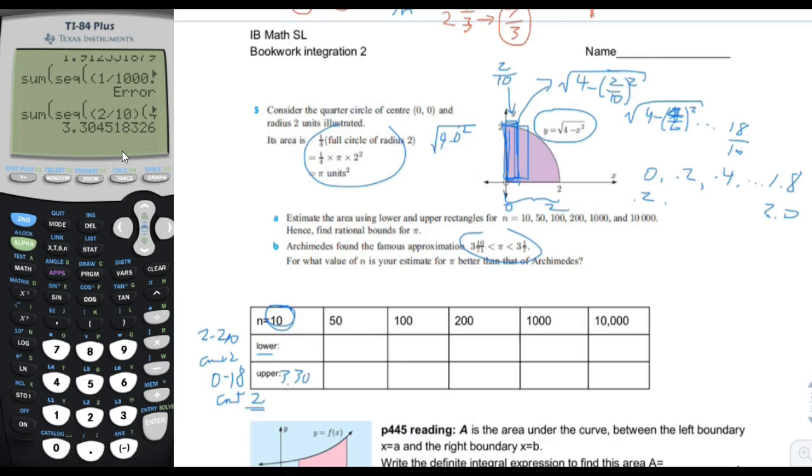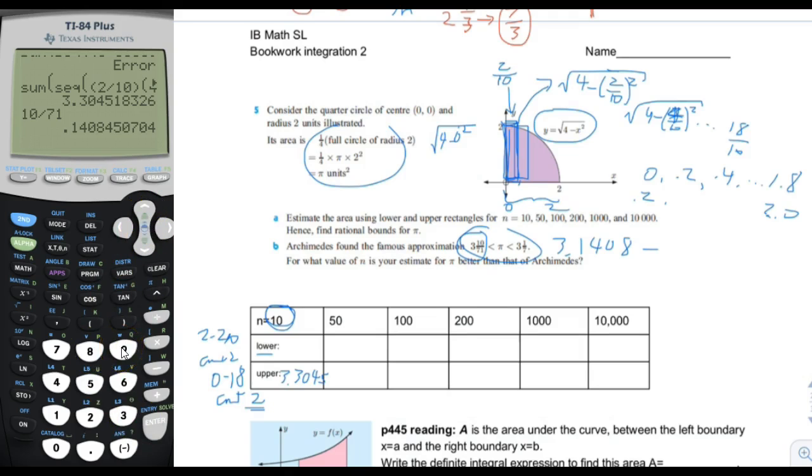Just to see what we're shooting for, we do need to figure out what Archimedes' numbers were. So there would be 3 and 10 divided by 71. 10 divided by 71 happens to be 0.1408, so 3.1408.